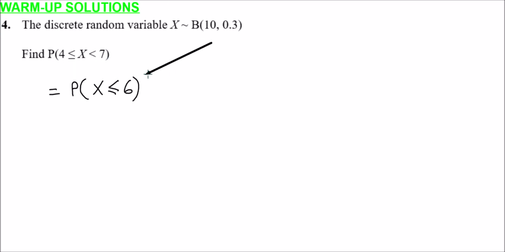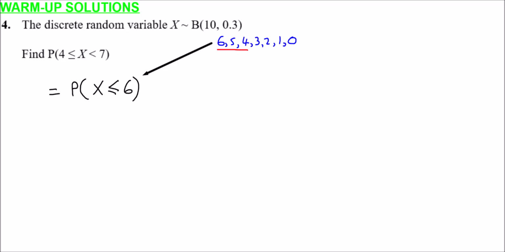This is going to include x being 6, 5, 4, 3, 2, 1 and 0. However, if we look here, we only want to include from 6, 5 and 4. We don't want to include 3, 2, 1 or 0.